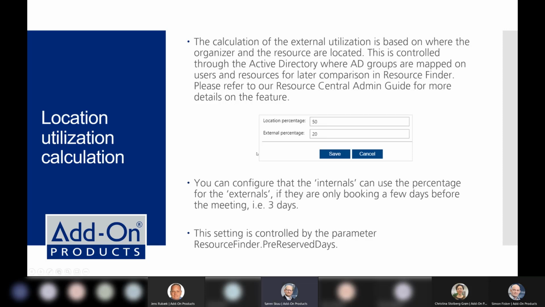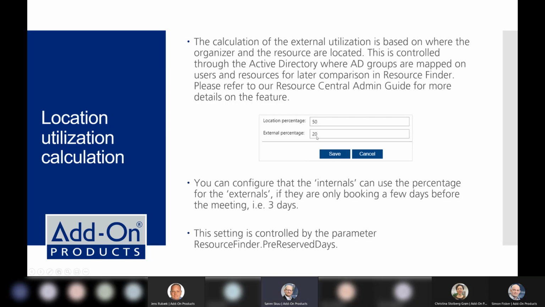It is possible also, just to make it a little more advanced, that you can say, well, if you want to take advantage of these 20% as externals, you have to be sure to get it. You can book it X days ahead. This can be set by a parameter. We call it resource finder.pre-reserved days. In this example, we set it to 3 days.